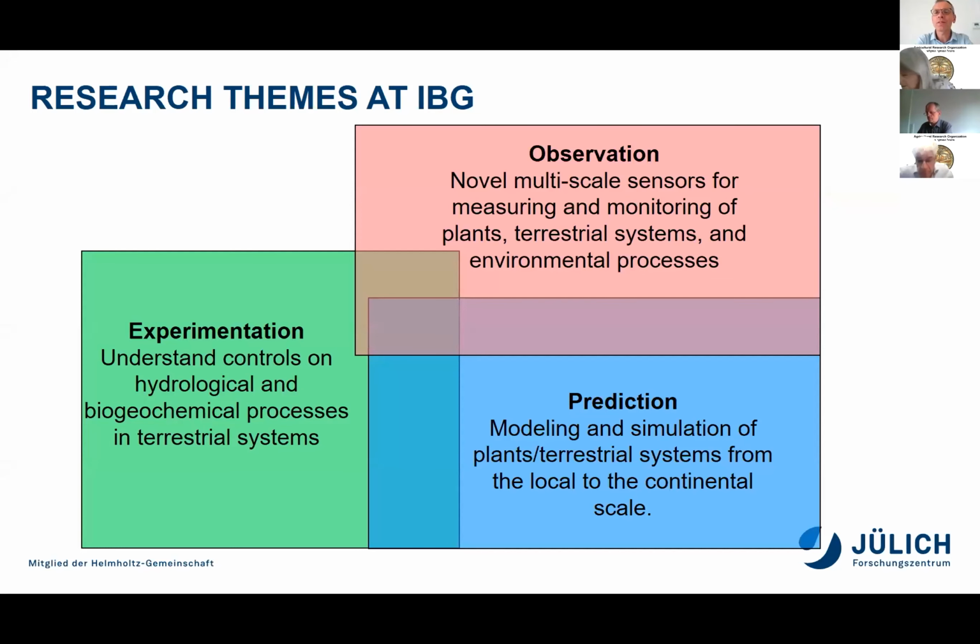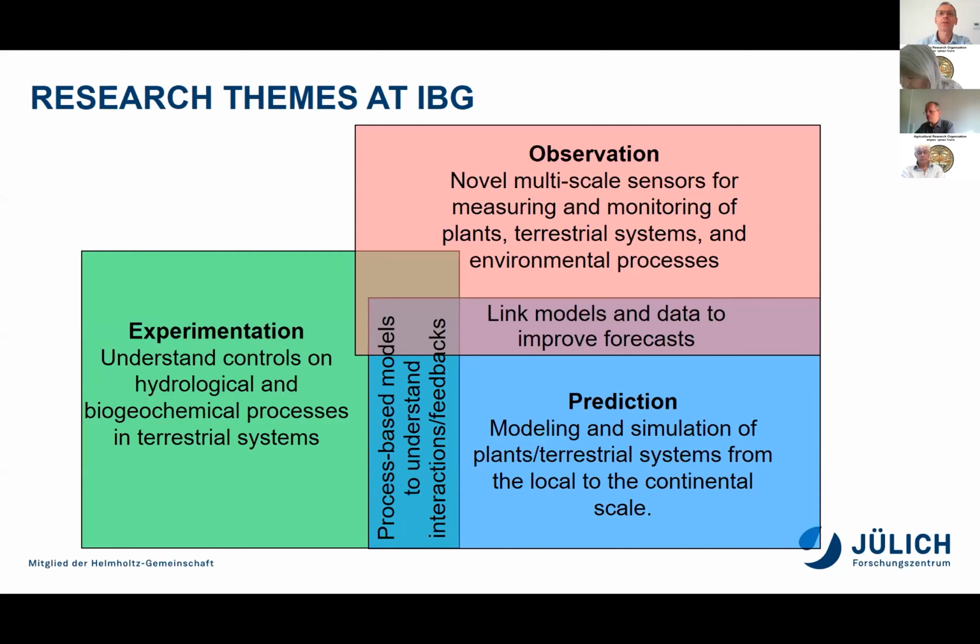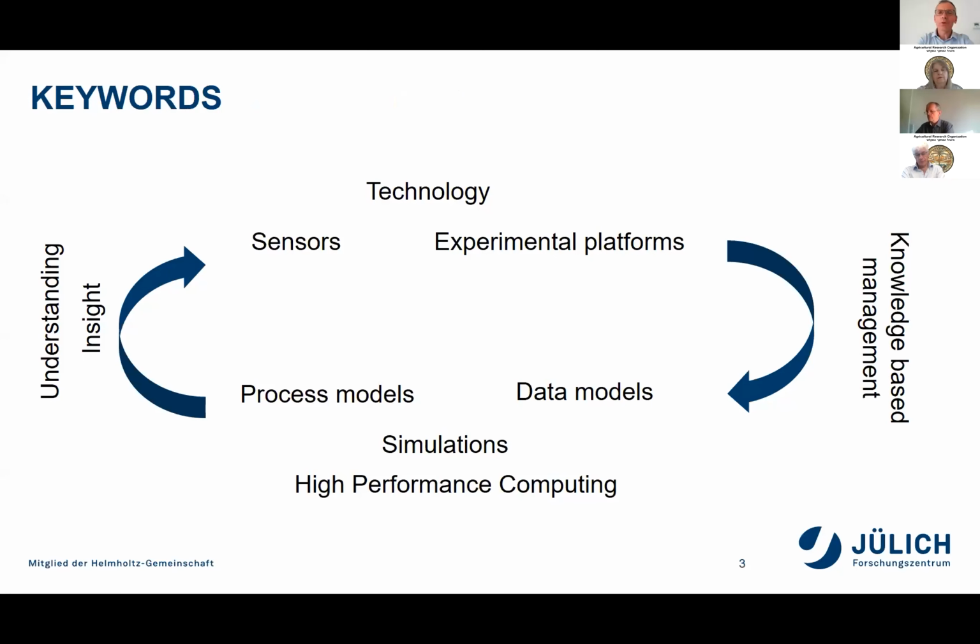And both the data we obtain with sensors and the insights we obtain from experiments can help us to improve models and simulation tools with which we can predict plant and terrestrial systems from local to continental scales. So a number of keywords.